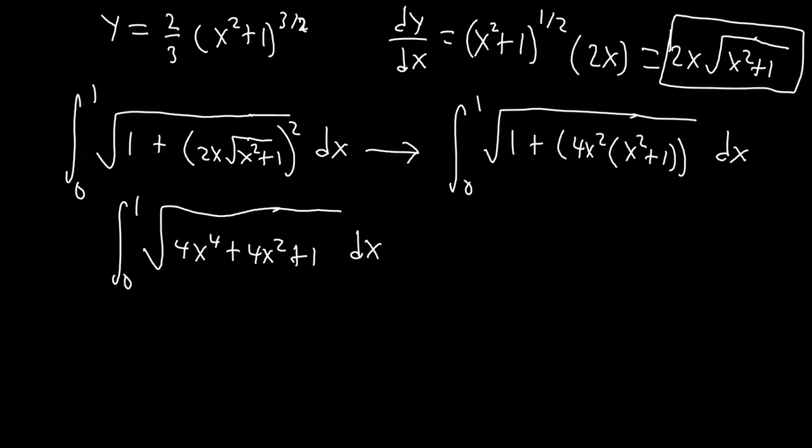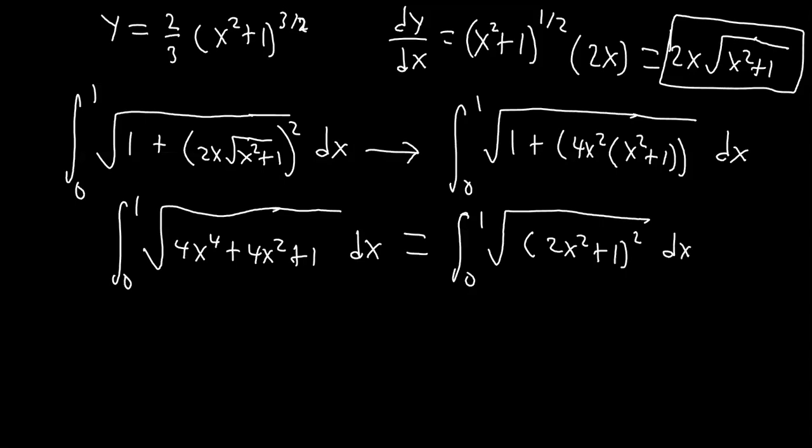Okay, so when we make this a perfect square, now what will happen? So let's see what happens now. When we make this a perfect square here, you're going to have the square root of 2 times x squared plus 1, all that squared, times dx.